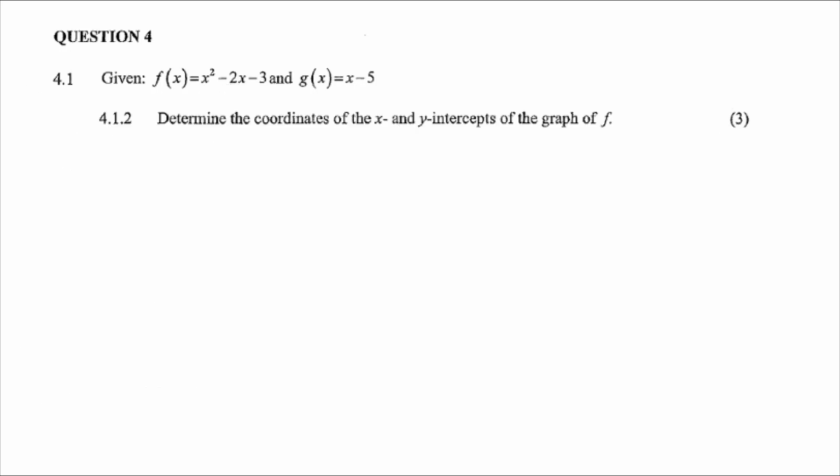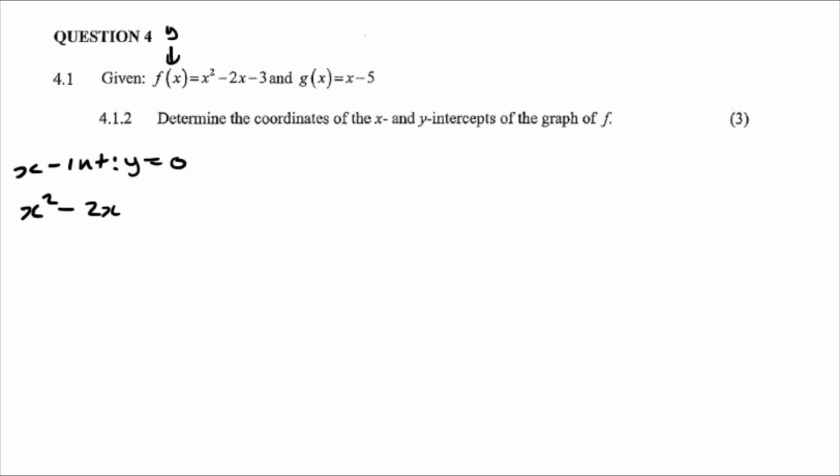Of course over here we have the question that needs us to find the x and the y intercept of f. Remember, at the x-intercept, y is equal to 0. Now f of x is y, so x squared minus 2x minus 3 should be equal to 0.